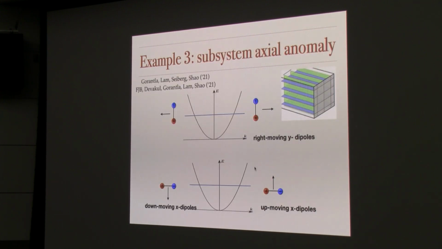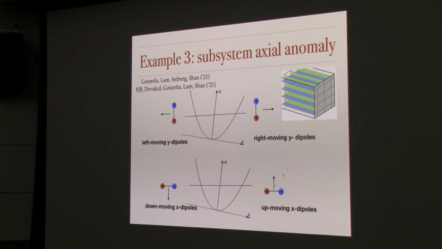And a final example to put in the toolbox of things that we can do with these phases is a version of this axial anomaly. So you can also have a system with a surface state that you can think of as either having right-moving dipoles and left-moving dipoles, or up-moving dipoles and down-moving dipoles, such that when you apply a certain background field, the numbers of left movers and right movers are not separately conserved.